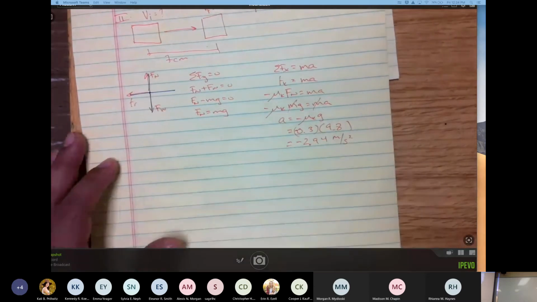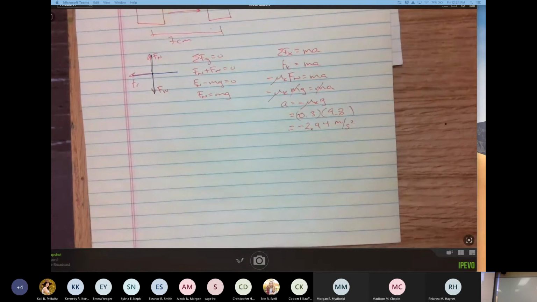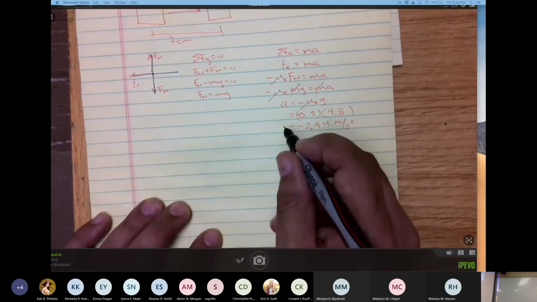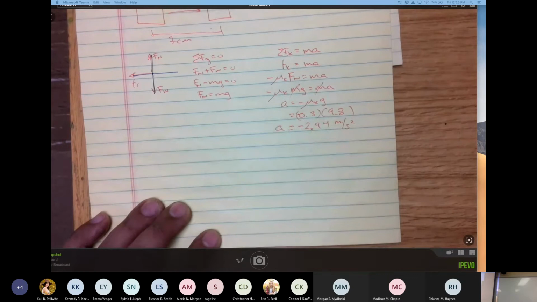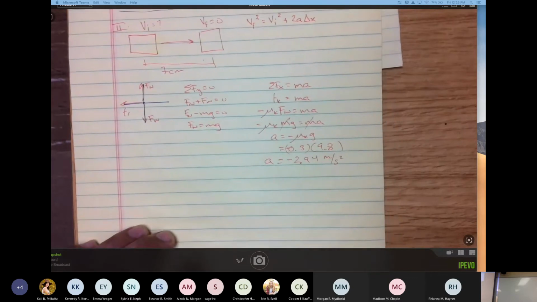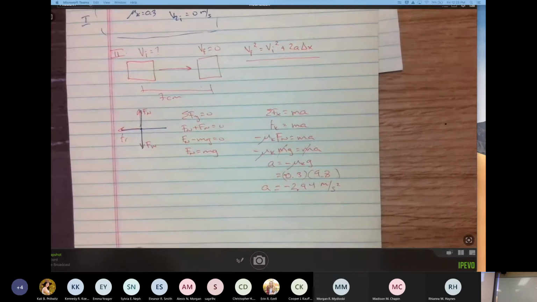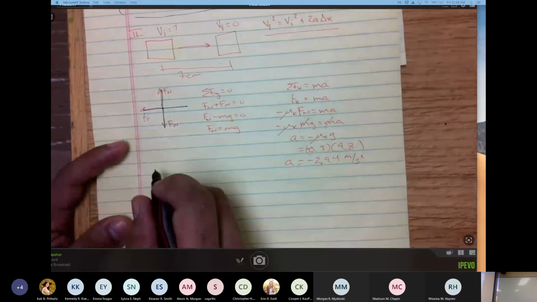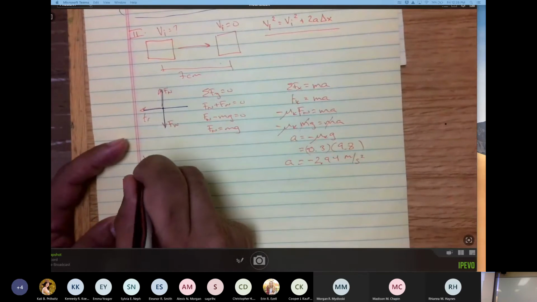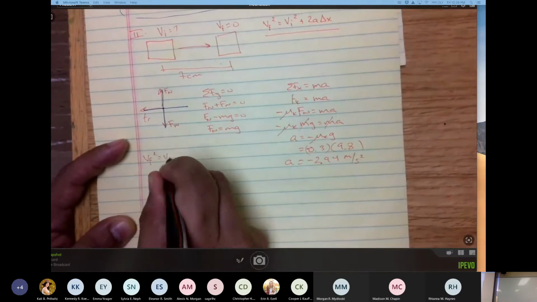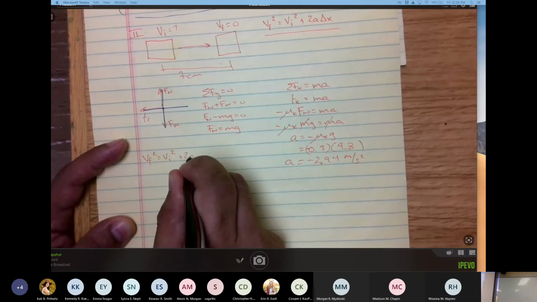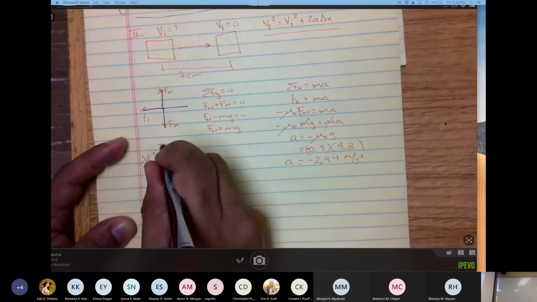Okay, so now that I have this acceleration, I can go back to this equation over here, and I can find the initial velocity of that block. Remember, the final velocity is going to be 0 because we want to calculate when the block comes to a full stop.